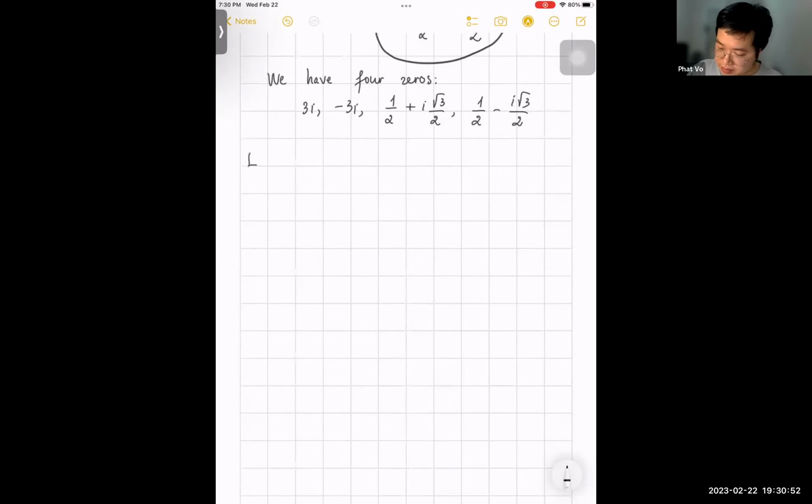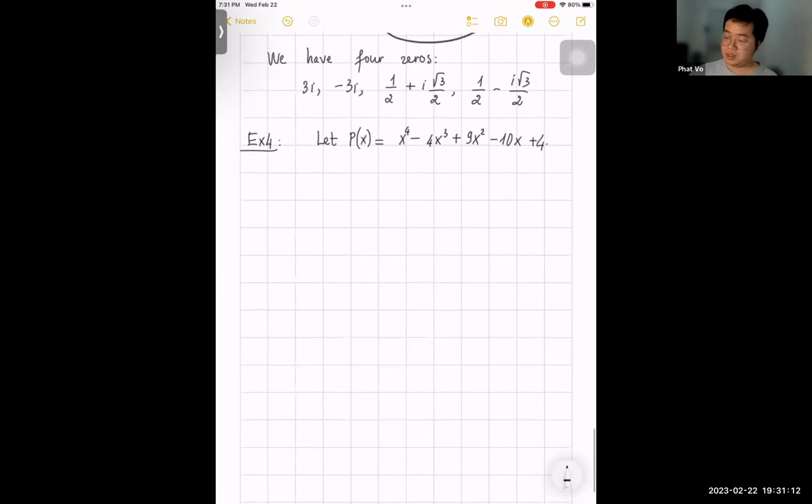Example 4. So now I will let P(x) be given as follows.